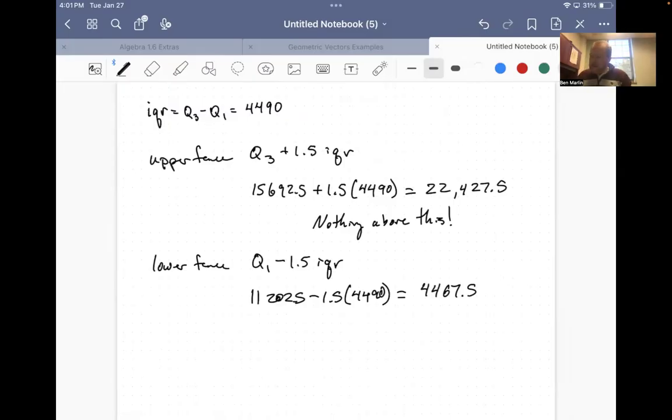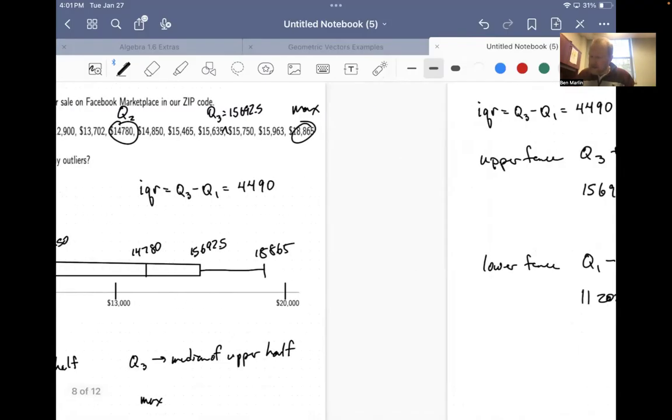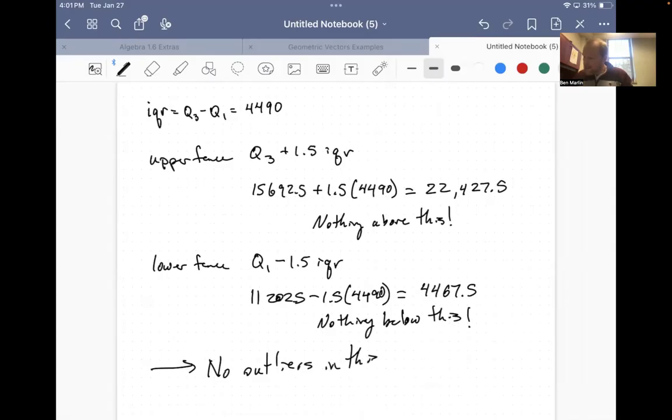Okay. And if we go back and see, our minimum that we had here was 6,450. Since the minimum was not outside of that fence, there is nothing below this. And that means that there are no outliers in this data.